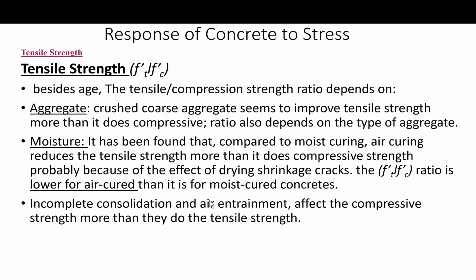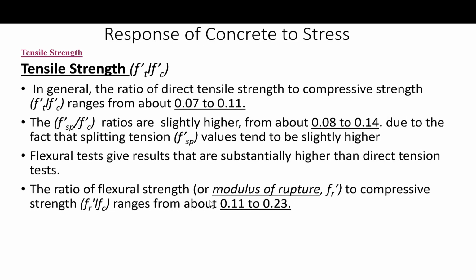So in general, the ratio of the direct tensile strength to compressive strength ranges from about 0.07 to 0.11. Since the split cylinder values tend to be slightly higher than the direct tension values, the ratios of the split cylinder tension value to the compressive strength are slightly higher, from about 0.08 to 0.14.